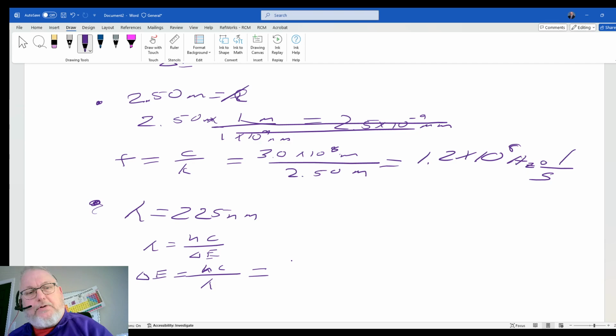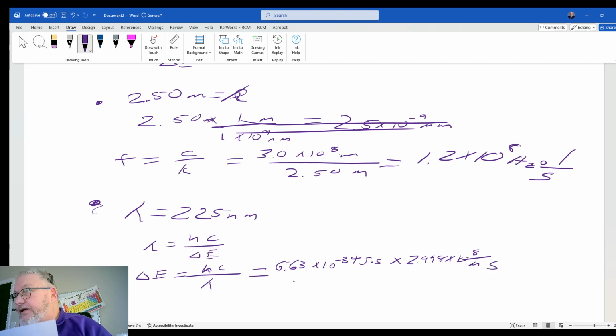All right, so H, if I look on the back of my sheet, H is 6.63 times 10 to the minus 34 joules seconds, times, I'm going to use what they say here, 2.998 times 10 to the 8th meters per second.